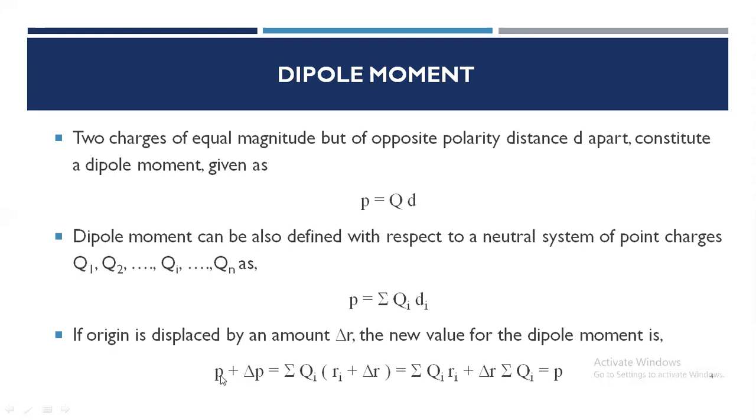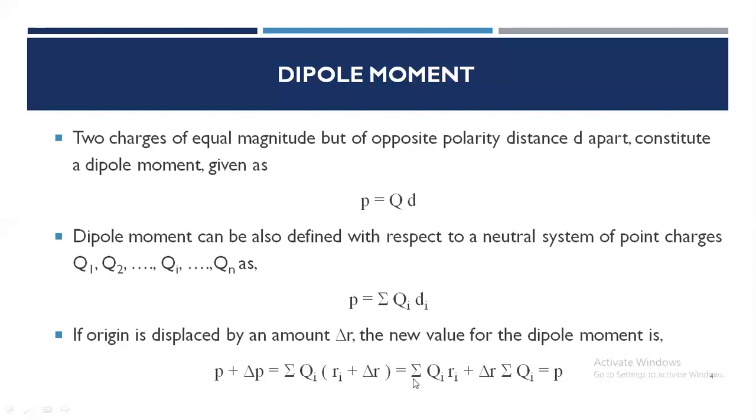That's why the total dipole moment can be determined as p plus delta p equal to the summation of qi into the bracket ri plus delta r.